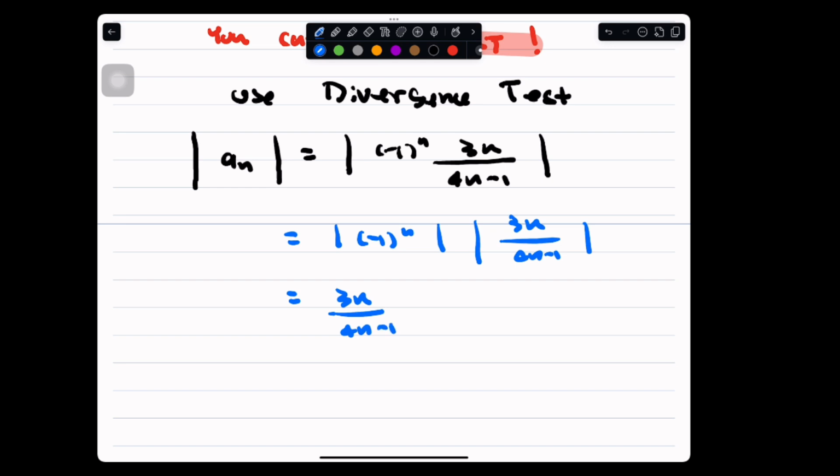I understand this portion here is positive for n being 1, 2, 3, 4, 5, whatever. I get to remove the absolute value because it's positive. And I already know the absolute value of negative 1 to the nth power is going to be what? 1. I know that already. Can I use that? Yes, you can.